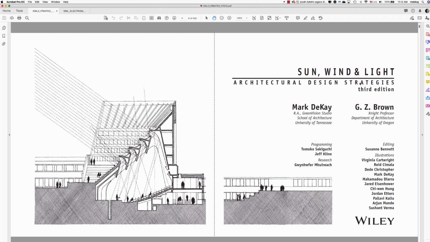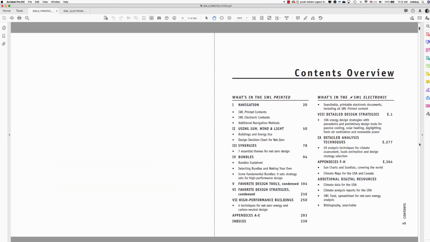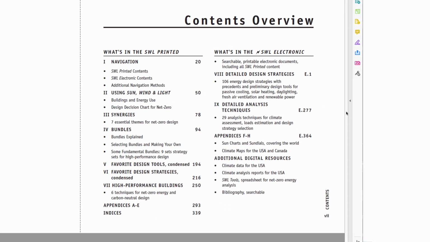All right, so here's the title page. I'm just going to go straight down to the contents overview. Now you can get Sun, Wind, and Light in a printed volume. You can also get fully electronic versions of this, which are downloadable web-based systems with digital rights management. There's two versions of that I know about.